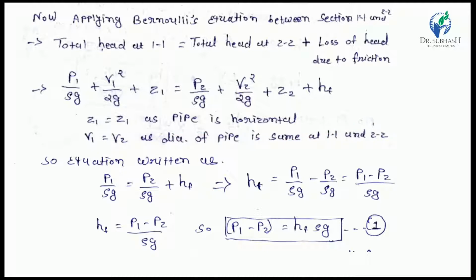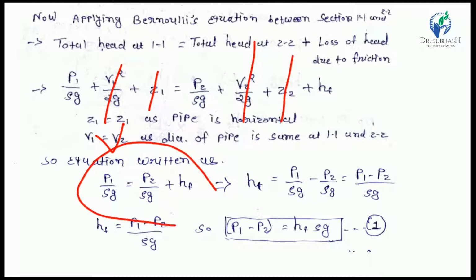Now here we consider the pipe is horizontal, so datum height at section 1 and section 2 is equal. So Z1 is equal to Z2, and these cancel. We consider steady flow, so velocity is constant at section 1 and section 2, so V1 is equal to V2, and it also cancels from the equation. So the equation in short has only HF and pressure: P1 upon rho g is equal to P2 upon rho g plus HF.